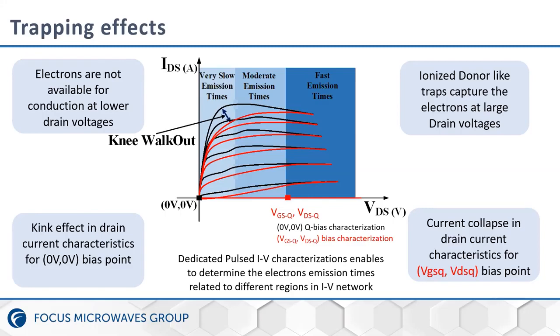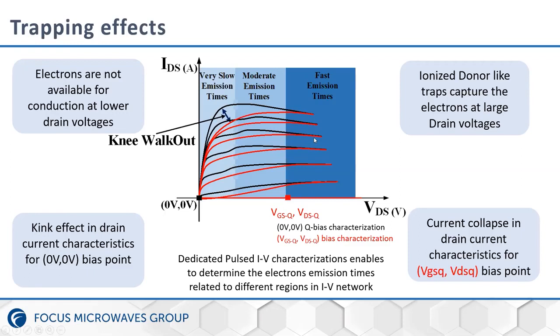These memory effects, or trapping effects, are responsible for short and long-term memory effects. Controlling the different parameters in pulsed IV characterization enables us to determine the electron emission times related to different regions within our IV network.